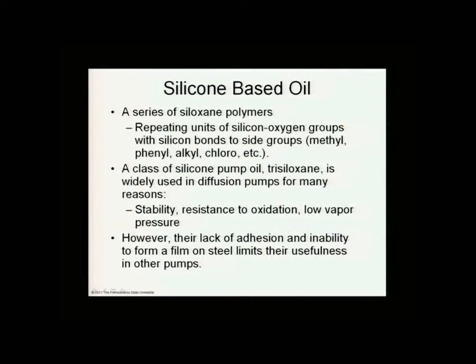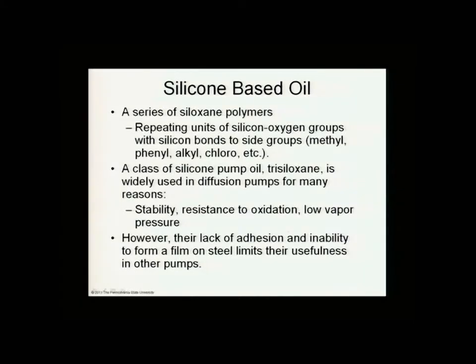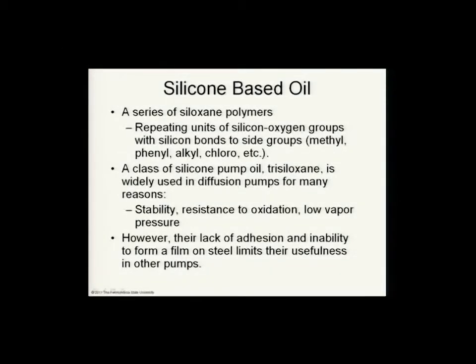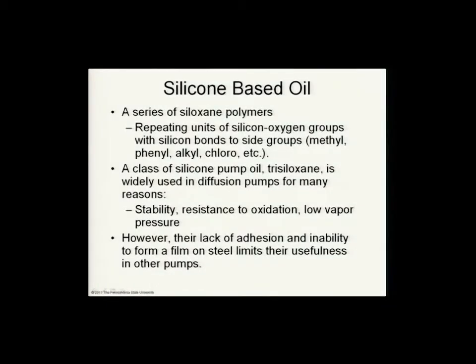So the oil issue again has caused the development of alternatives, and a common one is the silicone-based oils, which are made up of repeating groups of silicon and oxygen. They're used widely in diffusion pumps because they can withstand an oxygen type environment.